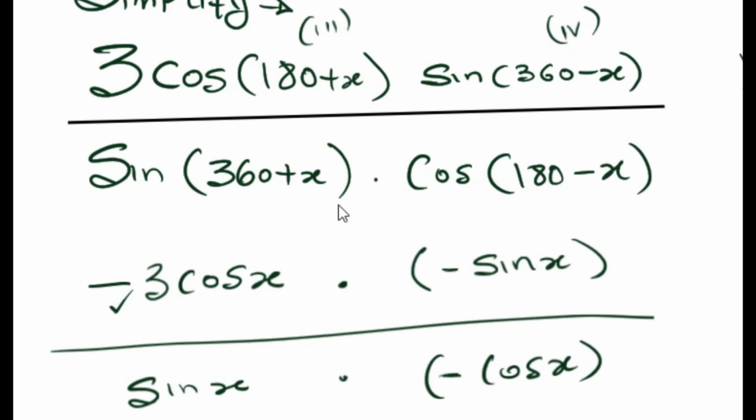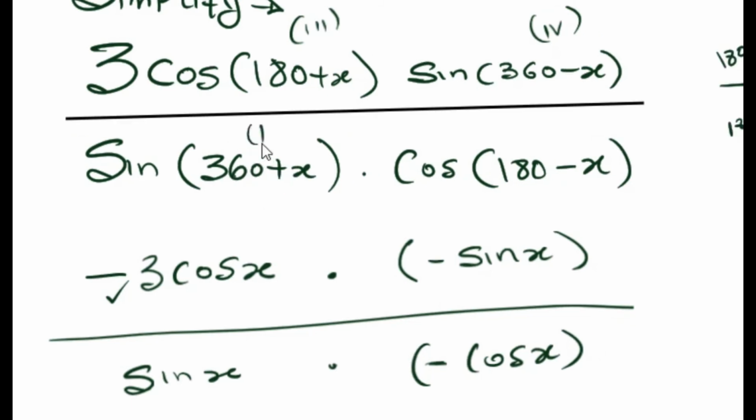Down here we have 360 plus x. Now 360 plus x is in the first quadrant, and sine is positive in the first quadrant, that's why we have a positive there. And this is 180 minus x. 180 minus x is in the second quadrant and cos is negative there, right? That's why we see a negative there.